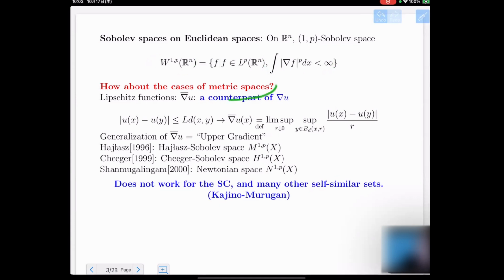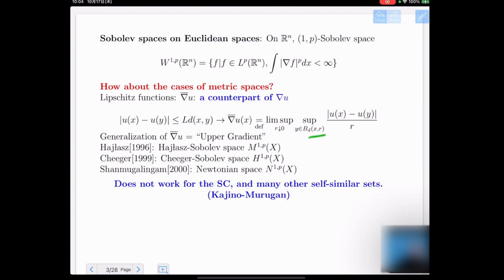So how about the case of metric spaces? This definition of the Sobolev space uses differentiation. In the case of metric spaces, the classical idea is to think about Lipschitz functions. For Lipschitz functions, by definition, we have this type of inequality, so we can define the local Lipschitz constant in this way.